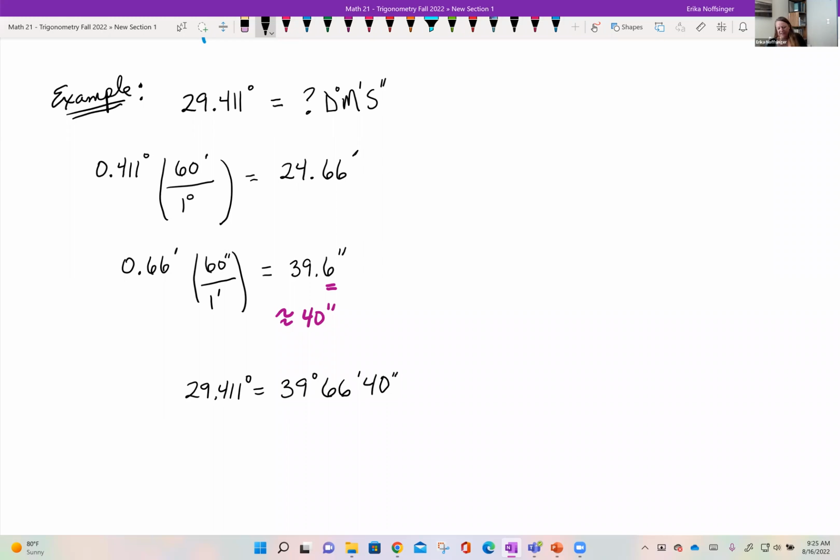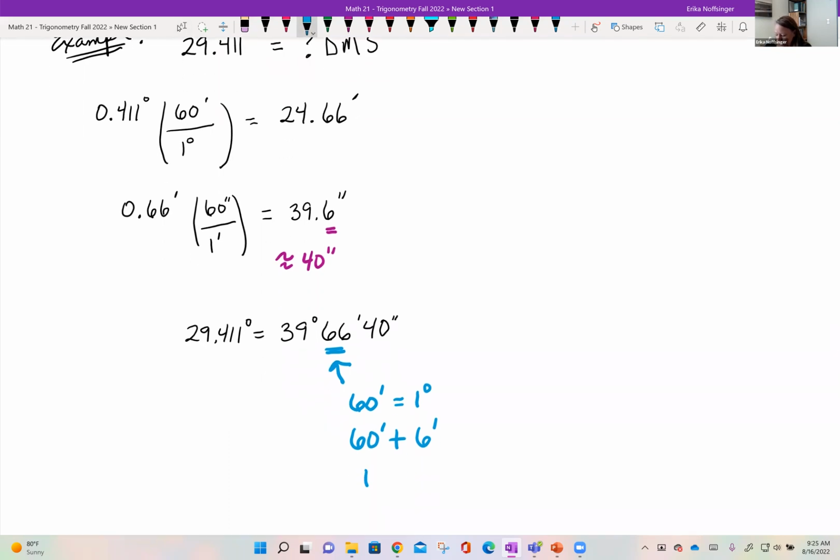So actually, we're not done here because we have 66 minutes, and that is actually over a degree. We know that 60 minutes is 1 degree. So we need to convert this. Think of it as 60 minutes plus 6 minutes. Well, that's the same thing as 1 degree and 6 minutes.